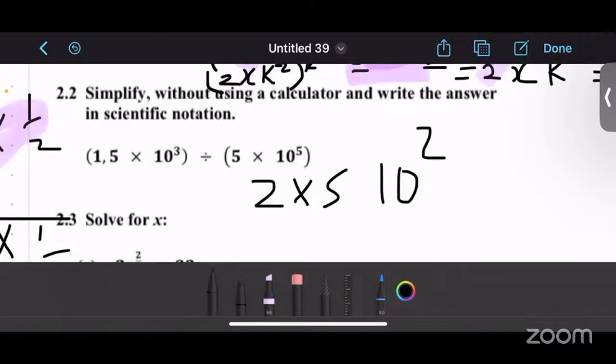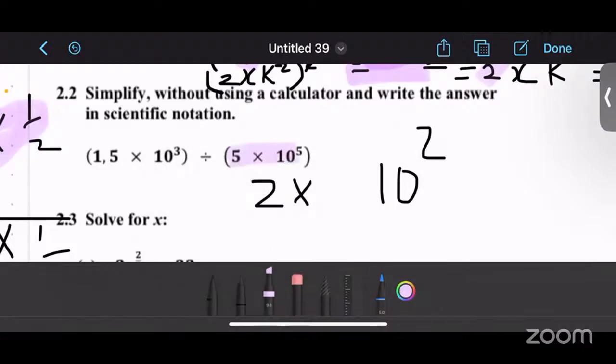Like this. No, 2 times 10 to the power of 2, not the 5. So I'm just going to remove the 5 here. So you're saying 2 multiplied by 10 to the power of 2. Yes, ma'am. And the division, is it not divided?